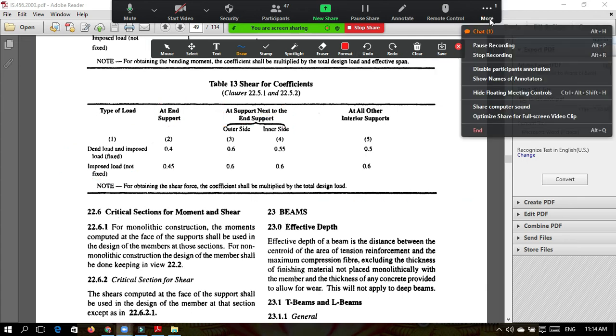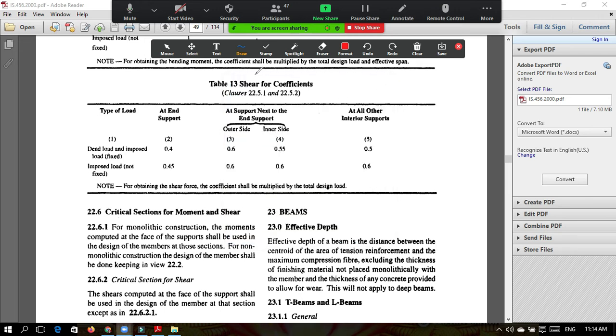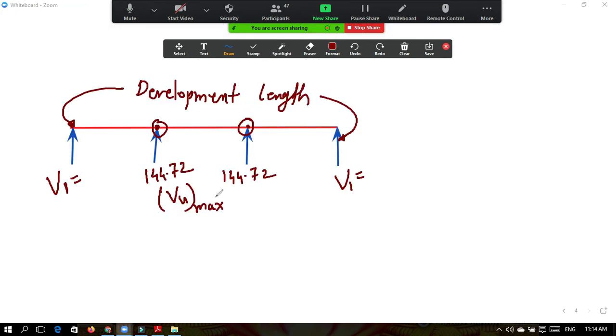Now again coming back to our point. Here we want to calculate the value of V1.